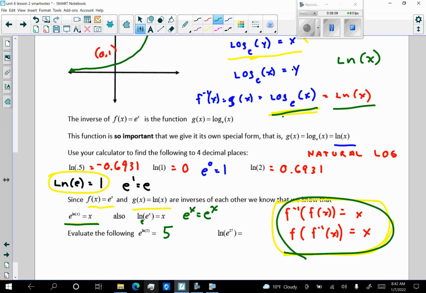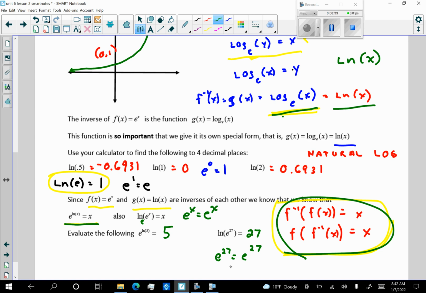Because e to the x and ln of x are inverses of each other. In like manner, ln of e to the 27 is simply 27. This is easier to see by definition because this says base e to the 27 is equal to e to the 27.